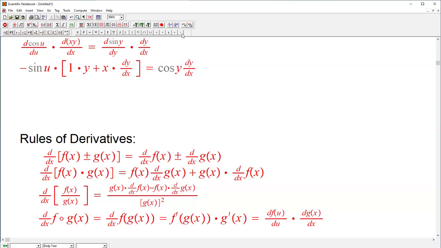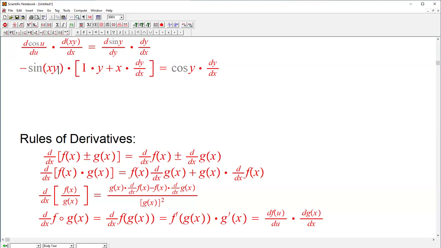Okay, so we put a product here. Now we have dy/dx on both sides, and we need to bring them together. So the derivative part is done, and the next part is algebra. Of course, we may like to replace the u by xy.